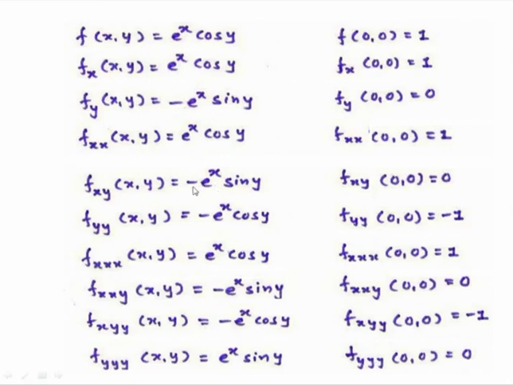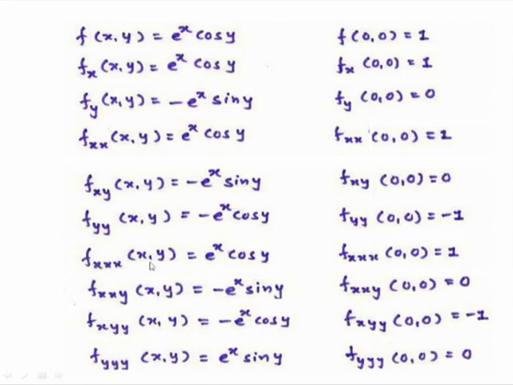So we are getting minus e raised to x sin y, and substituting (x,y) as (0,0), so 0. So fxy at (0,0) is 0. fyy at point (x,y) is equal to minus e raised to x cos y. fyy at (0,0) is equal to minus 1.